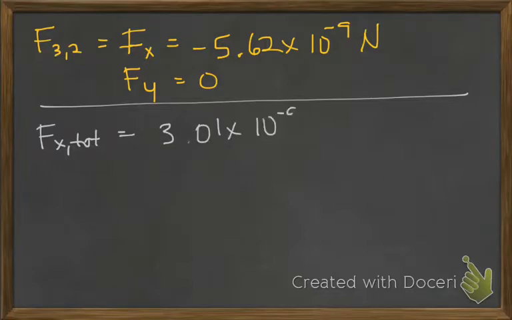And then if you look at your Fy total, we only had one vector there, and that is 6.5 times 10 to the negative 9th newtons.